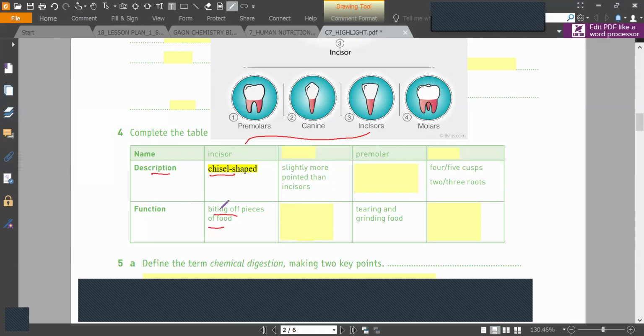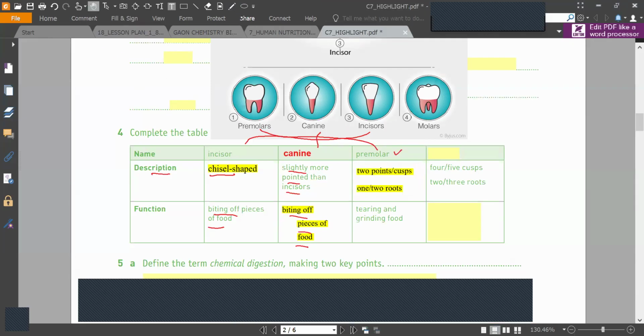Next one will be canine. Slightly more pointed than incisors. And then the function, same thing, biting off pieces of food. Next, premolar. The shape, two points or cusps, and one or two roots.